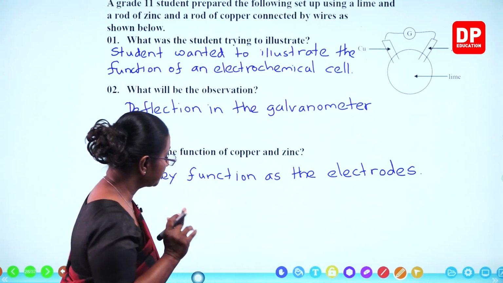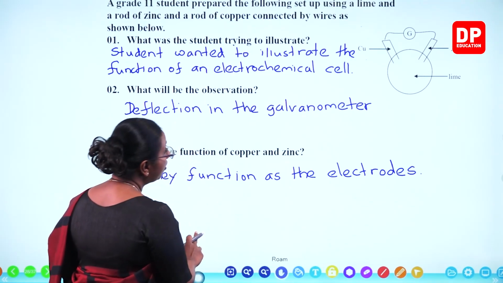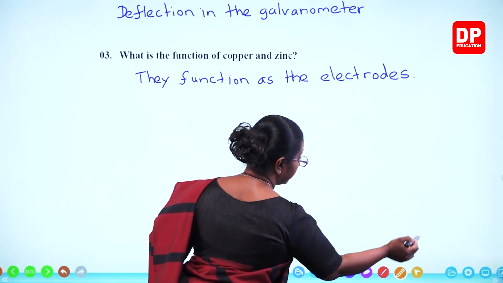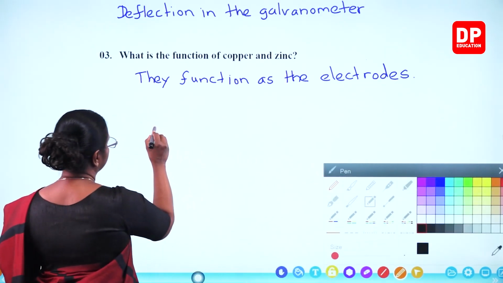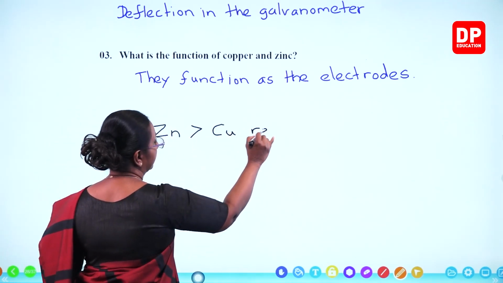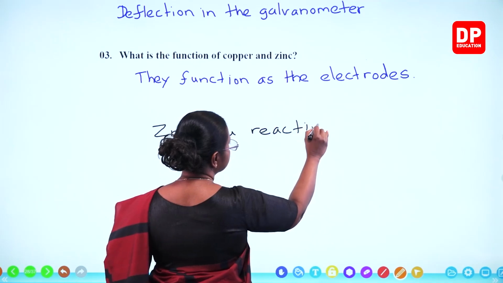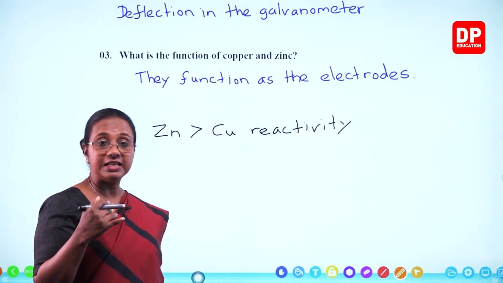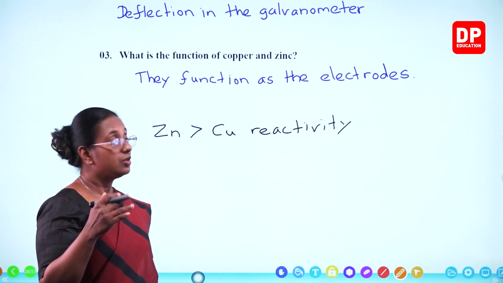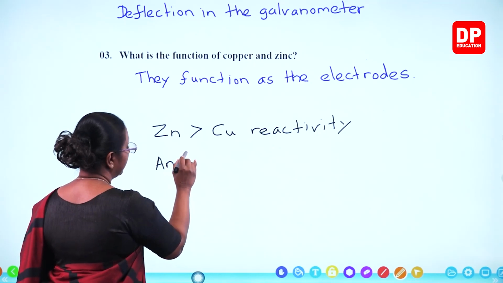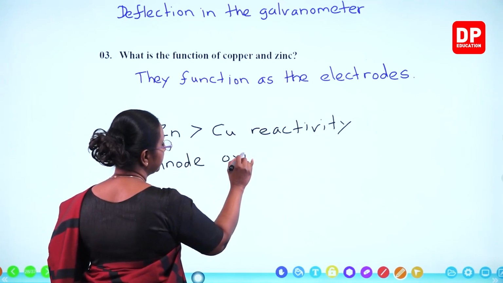And you all can remember, students, now this is to recall what you have learned before. When we take zinc and copper, zinc is more reactive than copper. Why? Because copper is below zinc in the activity series. So that means zinc will act as the anode and it will undergo oxidation.